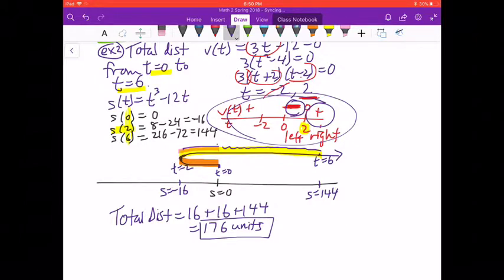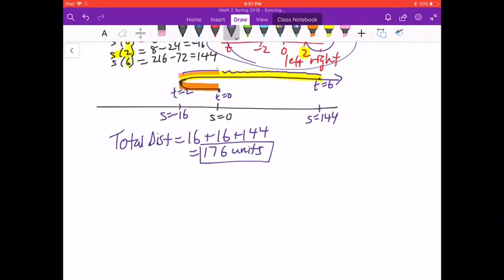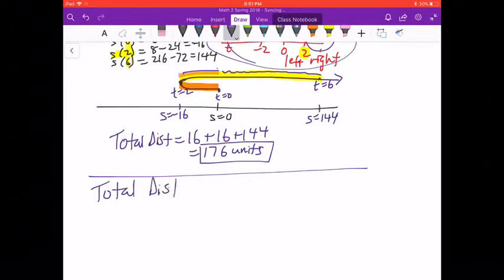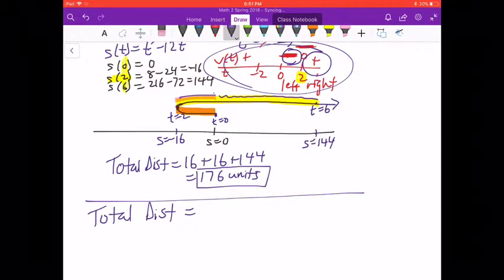Now, there are other ways, so let me go ahead and draw a little line here to separate. We could have also done this, total distance, so add this to your paper. We could have taken those 3 times, t equals 0, t equals 2, and t equals 6. So those 3 times. And we could have said, what's the difference in position?